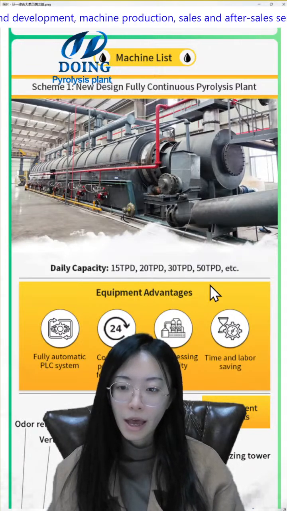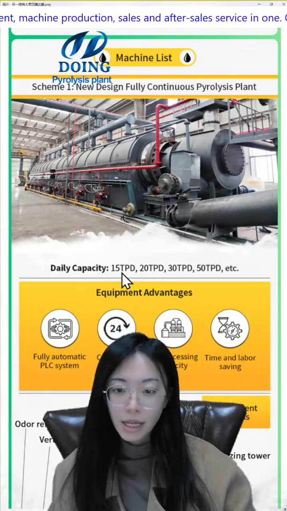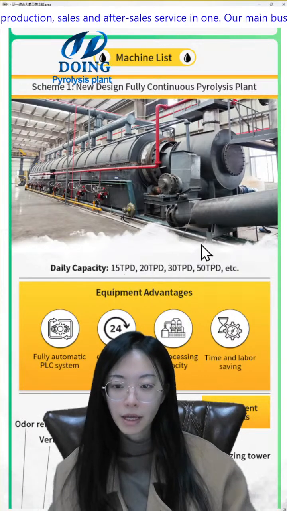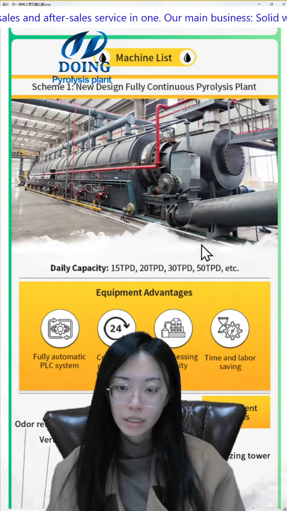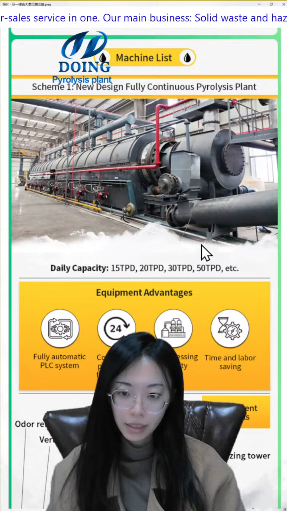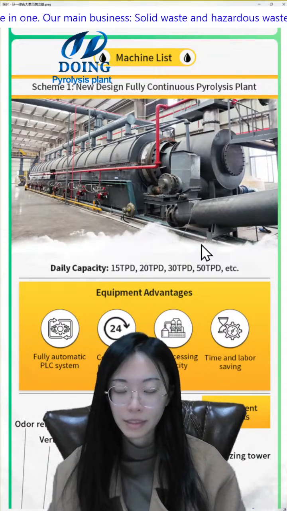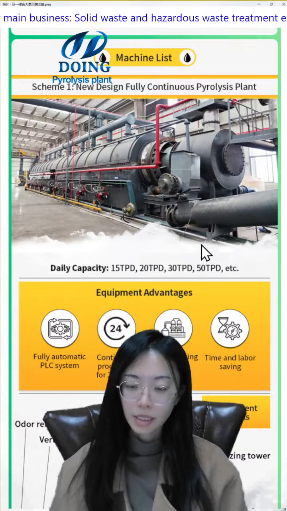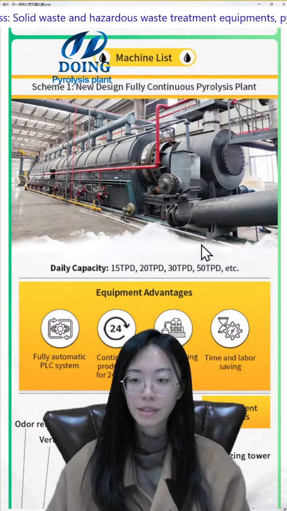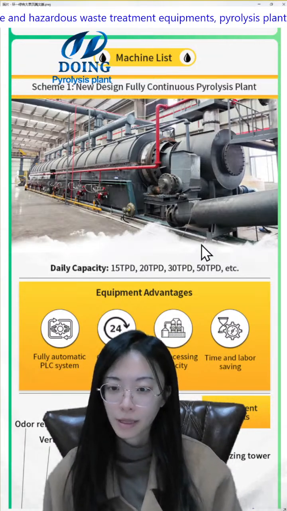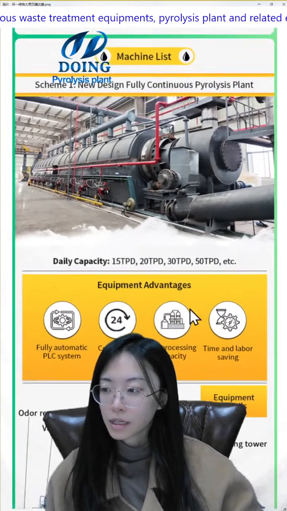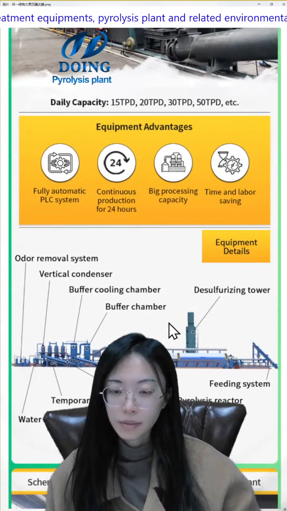And also we have, you can see, the 15 ton, 20 ton, 30 ton, 50 ton of this waste tire, waste plastic fully continuous pyrolysis plant. They have the largest capacity compared with the batch type pyrolysis plant and semi-continuous pyrolysis plant. And these are their advantages.